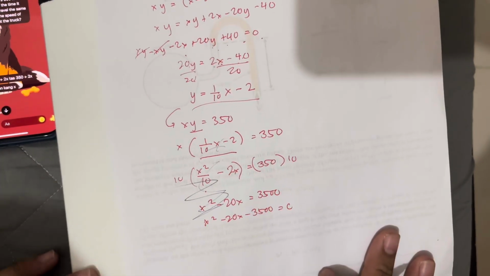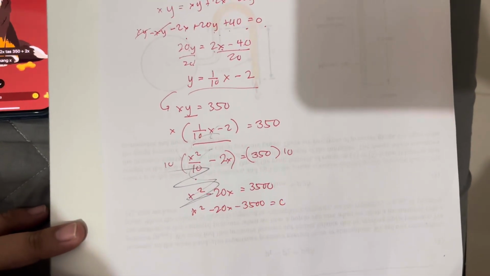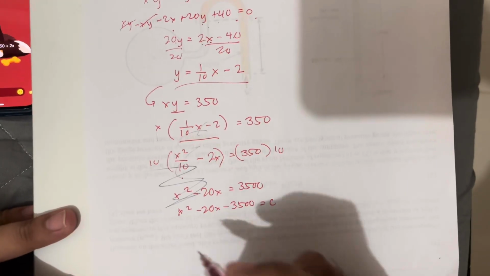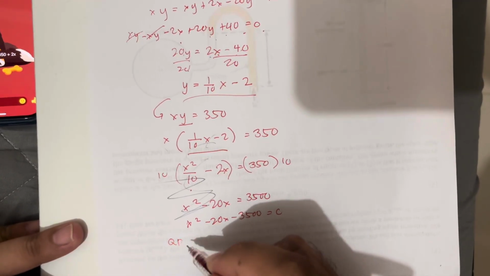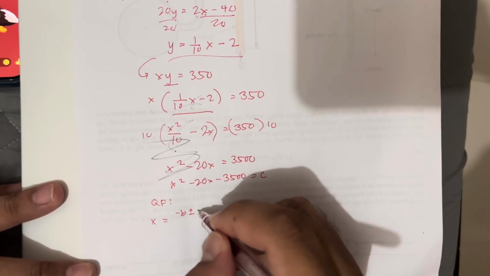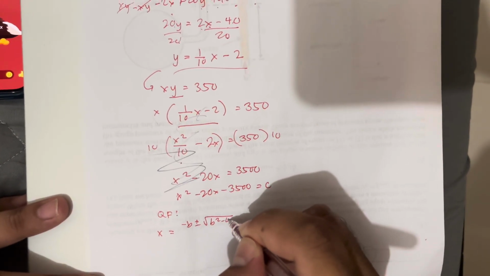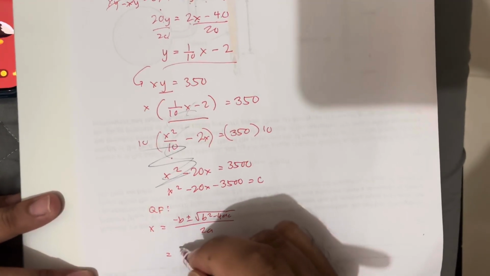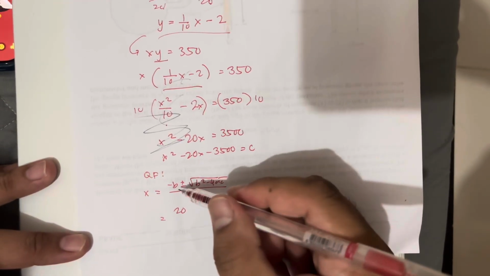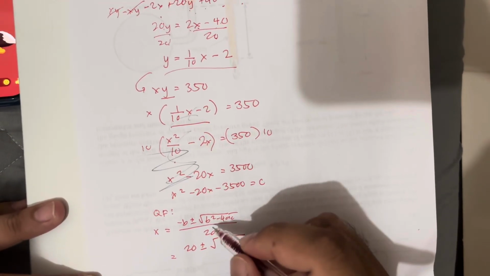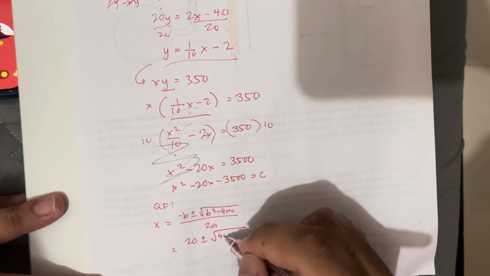There are many ways you can do this. At ang isa doon ay getting the quadratic formula. x is equal to negative b plus or minus square root of b squared minus 4ac over 2a. Substitute the values, positive 20 kasi negative 20, so positive 20 plus or minus square root of b squared is 400.